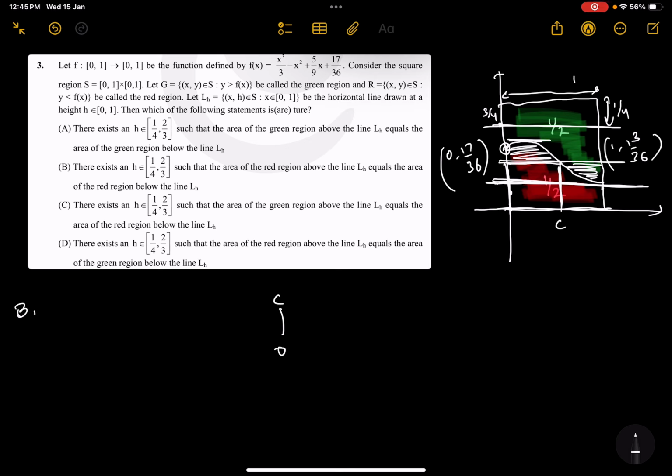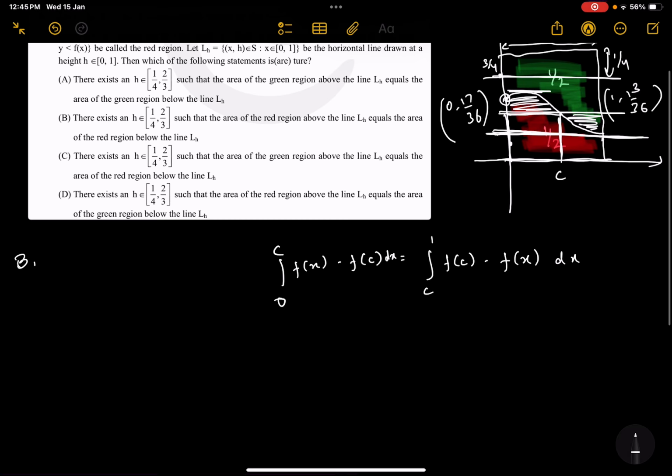You have integration 0 to c of f(x) minus f(c) equals integration of c to 1 of f(c) minus f(x) dx. This is the condition which it satisfies. This is the c for which we need to solve.